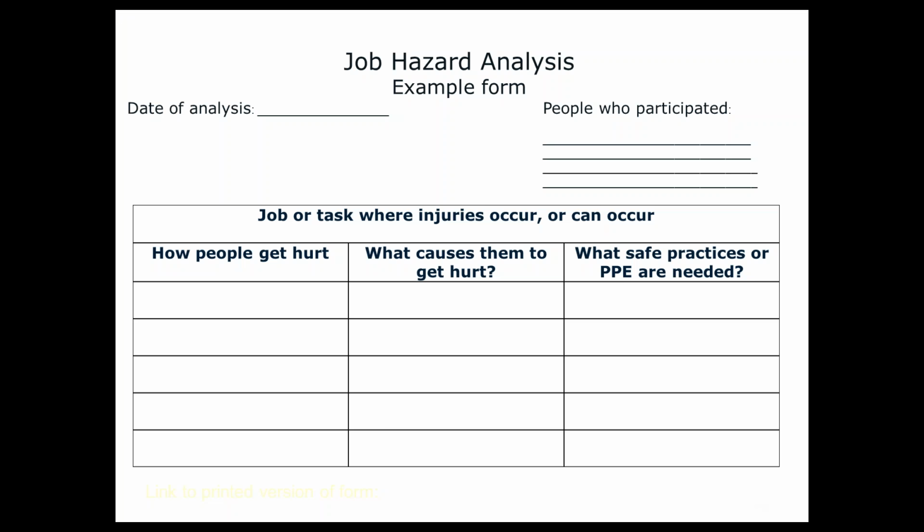Job hazard analysis form. You have the date of the analysis, who participated in putting it together, and the job or task where injuries occurred or can occur. So how people get hurt, what causes them to get hurt, and what safe practices or PPE are needed. That's basically what you talk about.